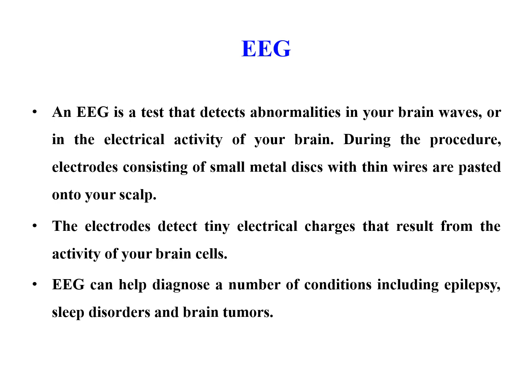The electrodes detect tiny electrical charges that result from the activity of your brain cells. The EEG can help diagnose a number of conditions including epilepsy, sleep disorders and brain tumors.